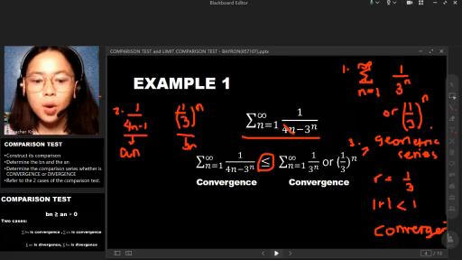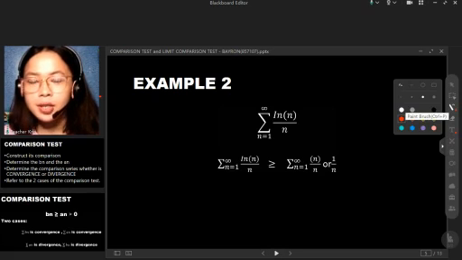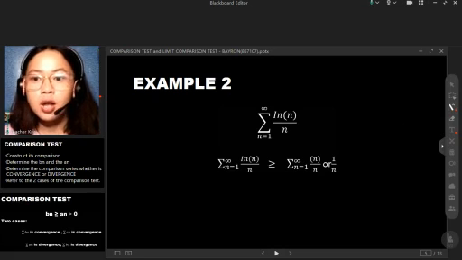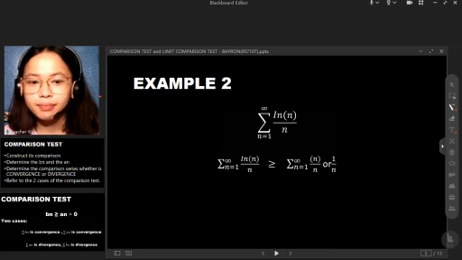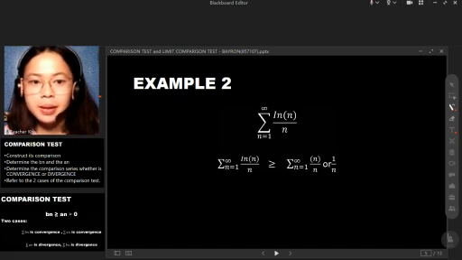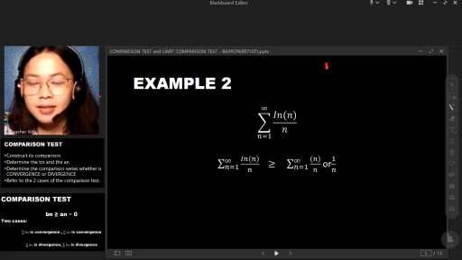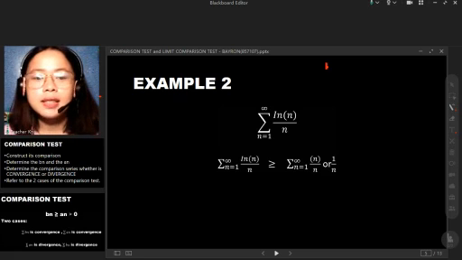Now, we're going to have example 2. So we have here the series from n equals 1 to infinity of natural log n over n. Now, we're going to simply follow the steps. The first is we're going to construct the comparison series.